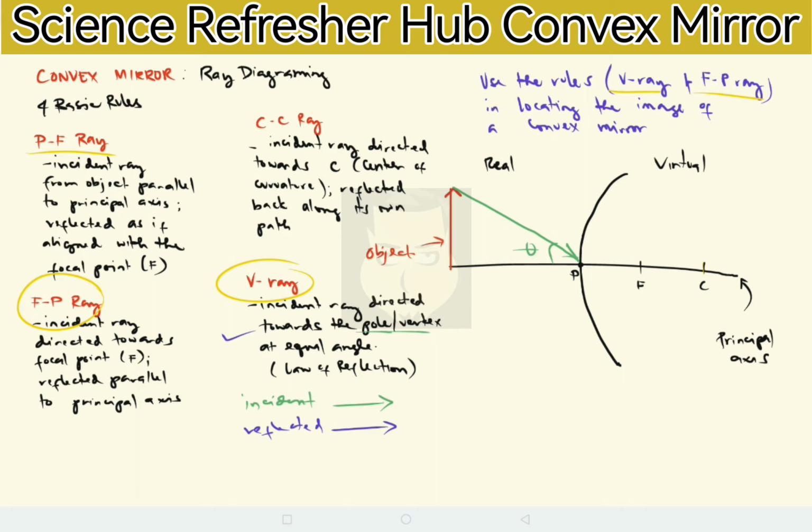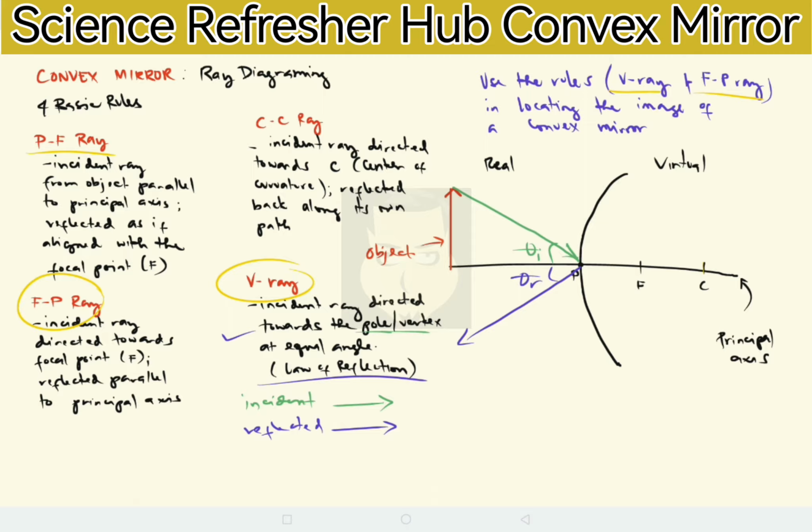Following the law of reflection, it will have the same angle of reflection. Angle of incidence is equivalent to the angle of reflection. So I'm going to be very careful in doing it. Okay, I guess it's all right. Now, this is the reflected ray. They must be the same according to the law of reflection.